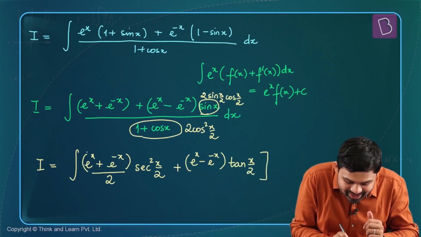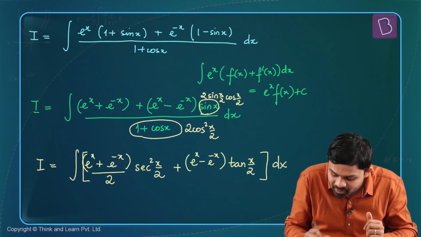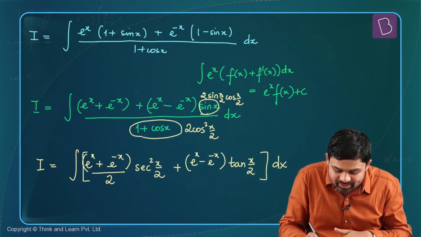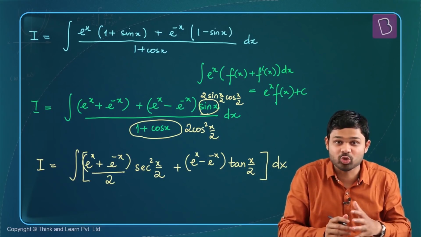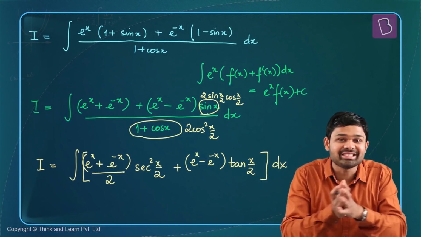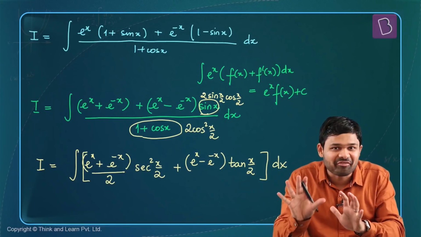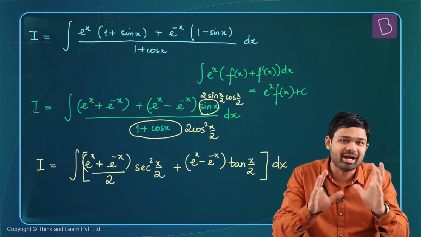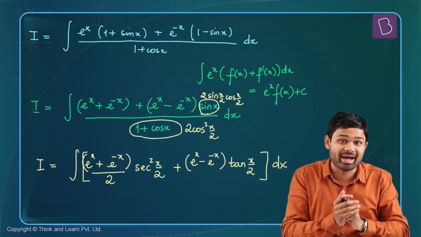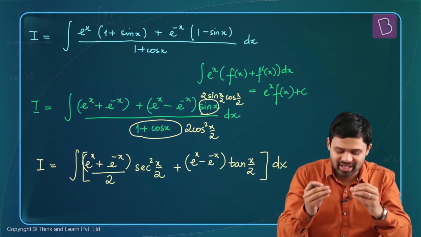Now this makes a lot of sense to me because I have tan x by 2 and I have secant square x by 2. Now the derivative of tan is nothing but secant square, so I can see a function and its derivative all multiplying e power x's and e power minus x's. So this is very beautiful.